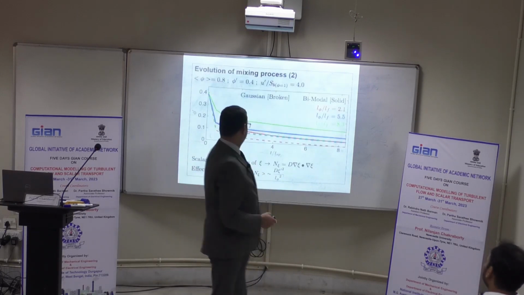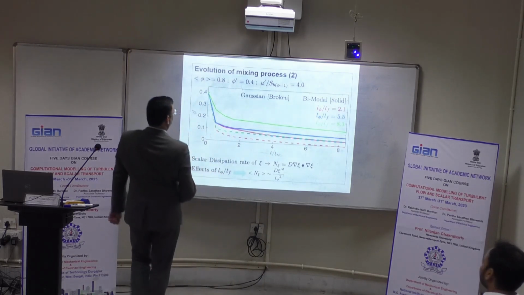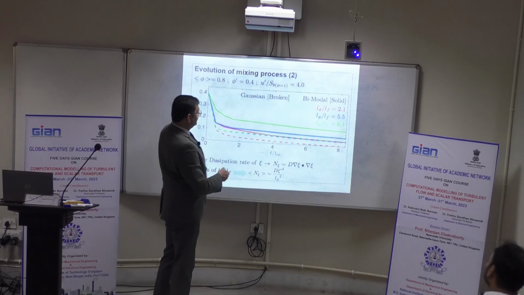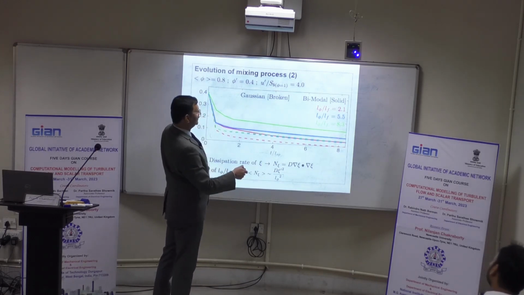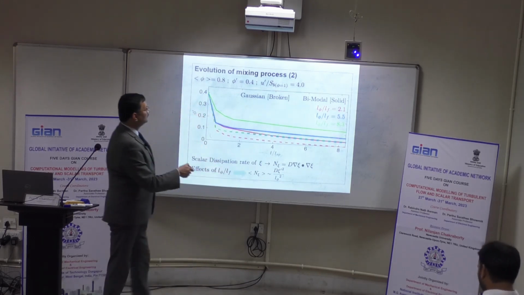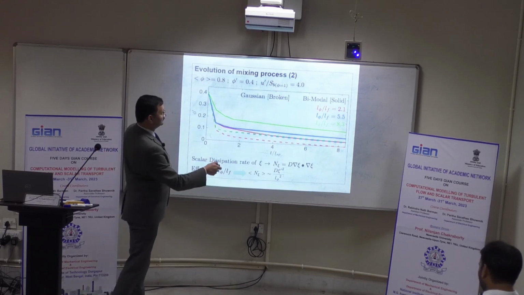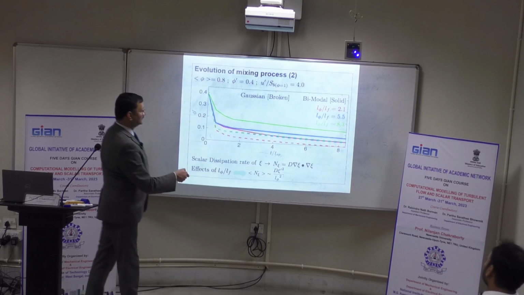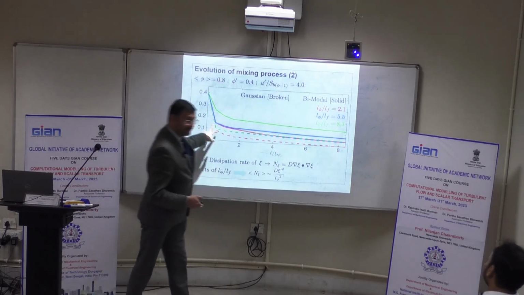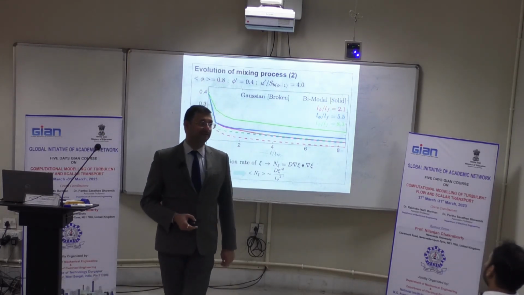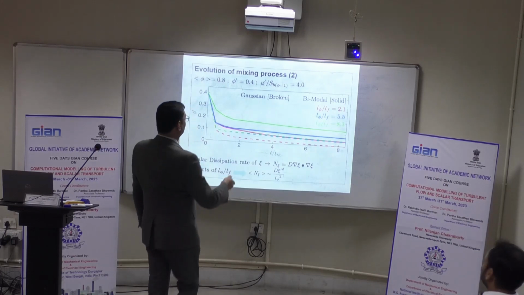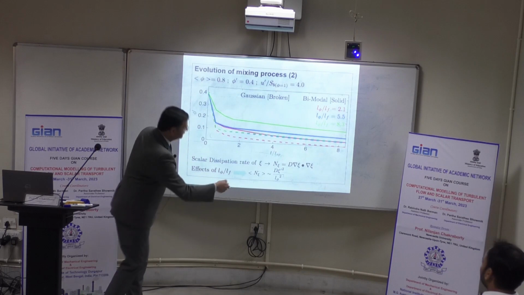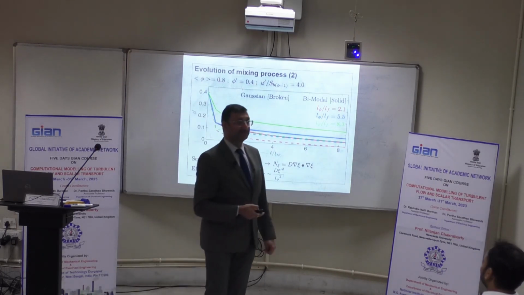Here, if you look carefully, the broken ones are Gaussian, and the bimodals are the solid ones. So keep in mind that the Gaussian ones, the broken ones, actually showed a more rapid decay than the bimodal ones.